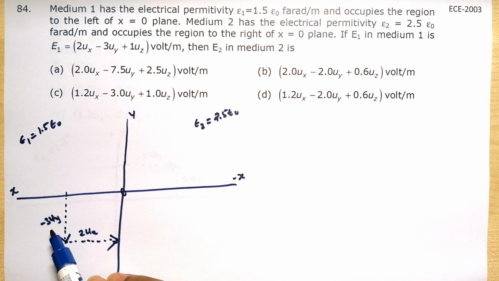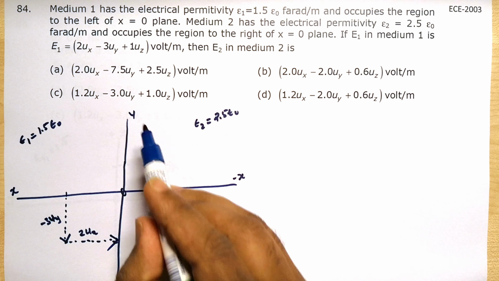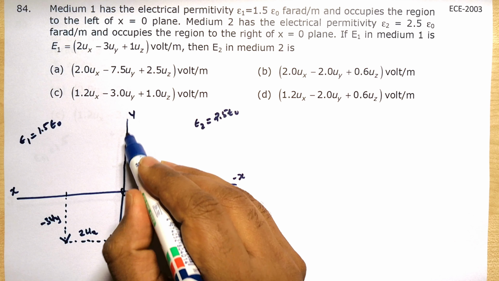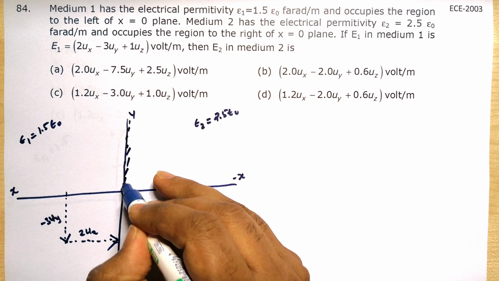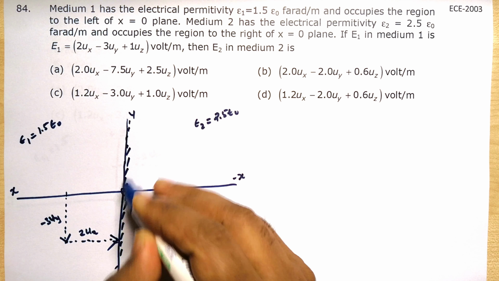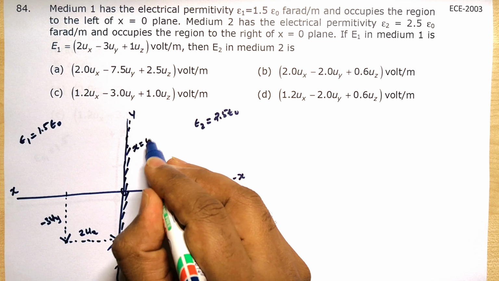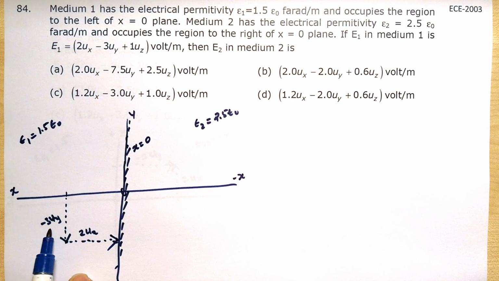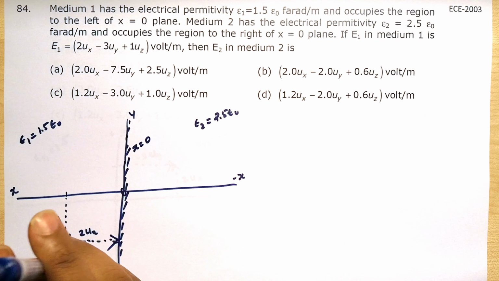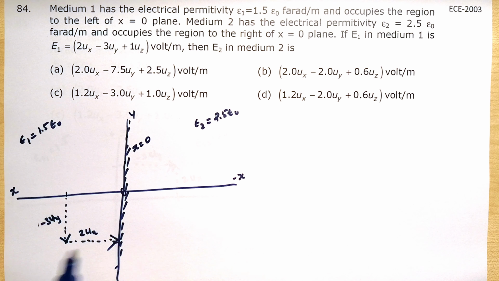From this we can infer that the vector 3 uy as well as the 1 uz is tangential to the x equal to 0 plane. This is the x equal to 0 plane, and we know that this component as well as the z component, which is in this direction, is tangential to this plane.